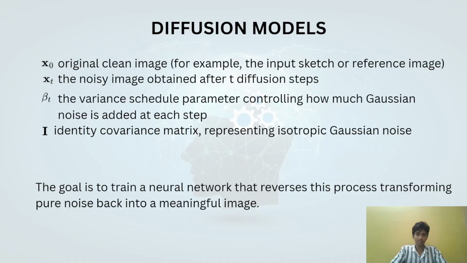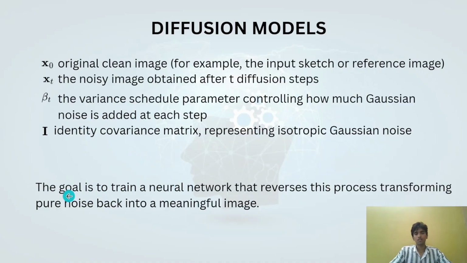We do not add the same amount of noise at each step because initially in the noising process we would like to add as much noise as possible. But if it has already become too noisy, we should stop adding noise as much as we did in the initial stages. This is because we do not want to obtain only noise in the end. We want to obtain something from which we can denoise to get the original image. I is the identity covariance matrix, as I said.